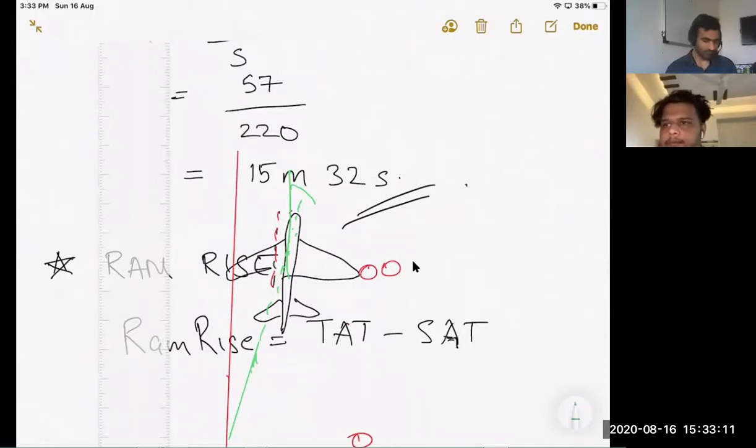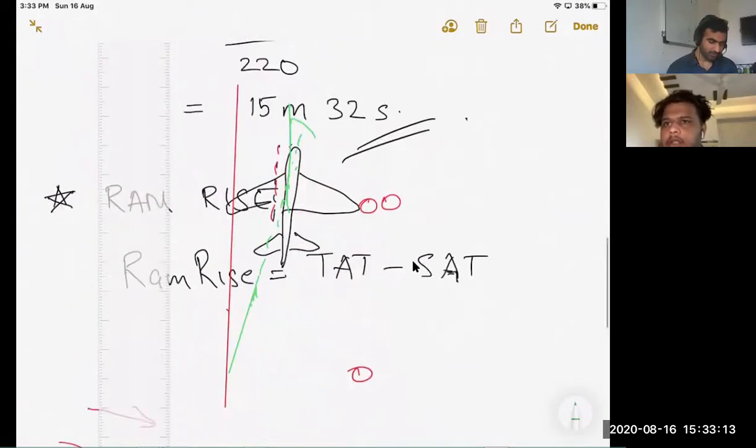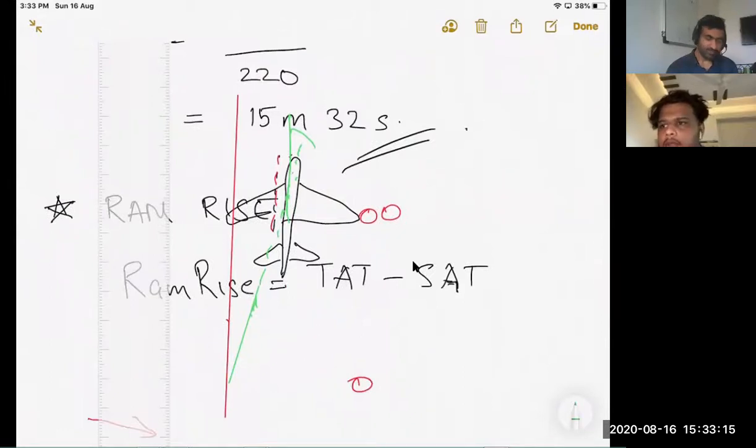So what will the pilot do? In order to maintain the required track, he'll have to change his heading. So right now, if the difference between the required track and the track made good is say 20 degrees towards the starboard side, it means I have to turn left 20 degrees for my heading.